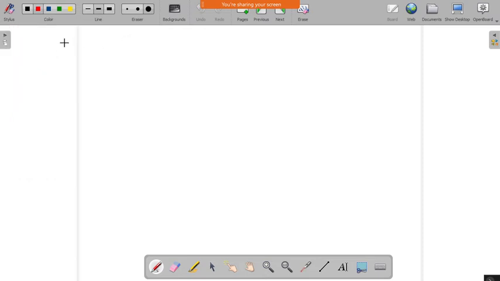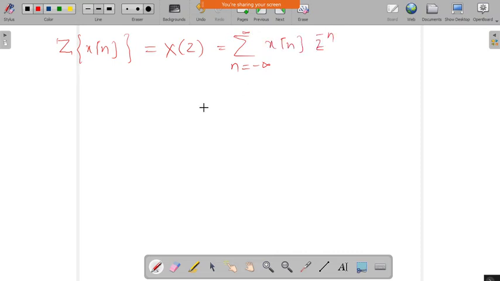For the proof, we know the z transform of x of n will be equal to X(z), which is nothing but the summation n equal to minus infinity to plus infinity of x of n into z power minus n. Now I will expand this.